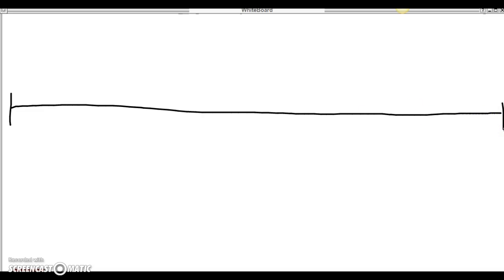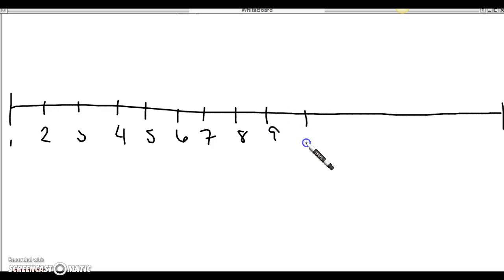So we'll start at 1, 2, 3, 4, 5, 6, 7, 8, 9, 10, 11, 12, 13, 14, 15, and 16.